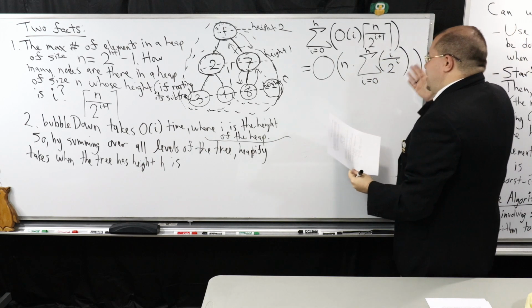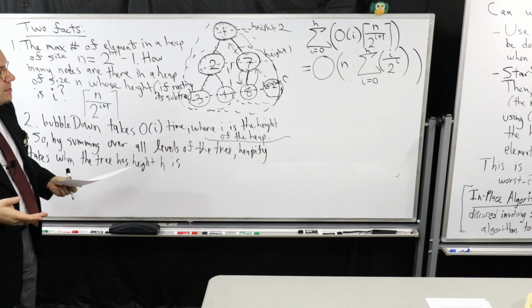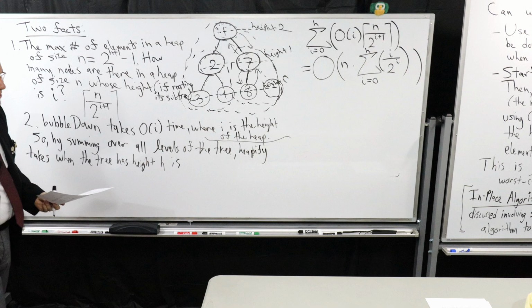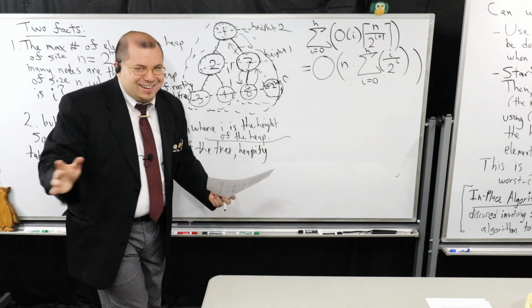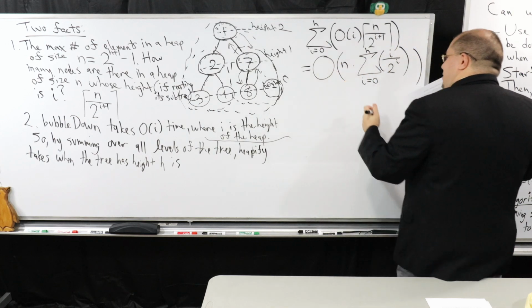You might ask where the plus 1 went. Remember, I could factor out that extra 2 in the denominator as another constant factor. That's where it's gone. It's been absorbed by the big O notation.